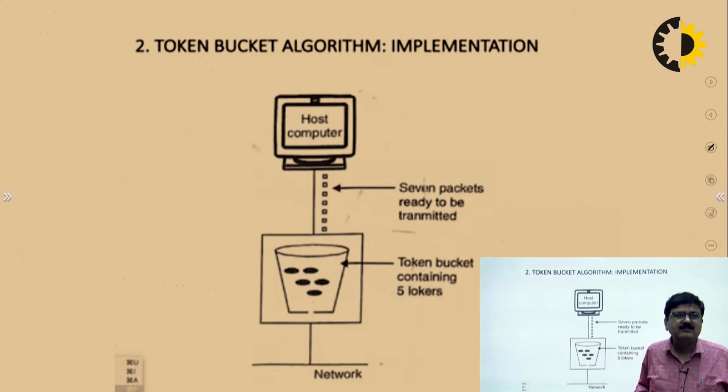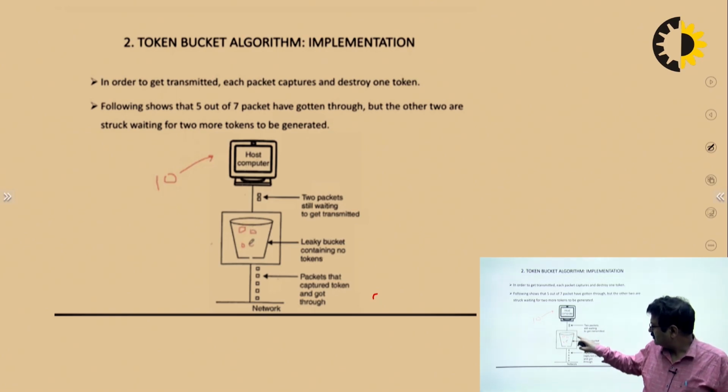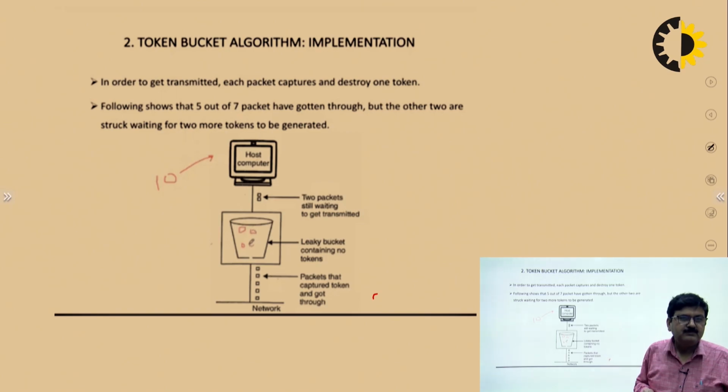So how does it work? Basically, a packet that captures a token gets through. Only a packet which has a token will go. It means we are adding tokens to this bucket.